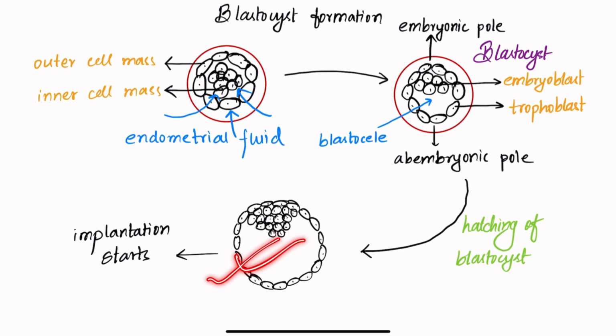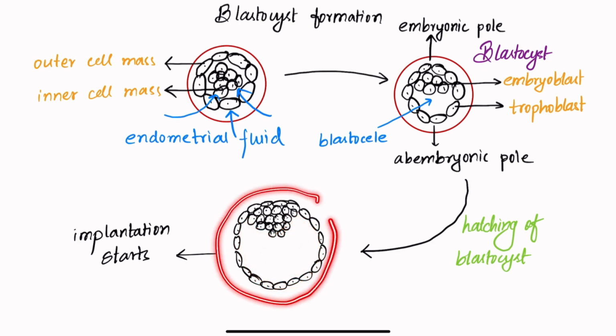This right here is the hatched blastocyst, which contains the outer layer of cells called trophoblast, which forms parts of placenta. The inner cell mass present at one particular pole is called embryoblast. Here's the embryonic pole and here's the abembryonic pole, and this large cavity filled with endometrial fluid is the blastocele.